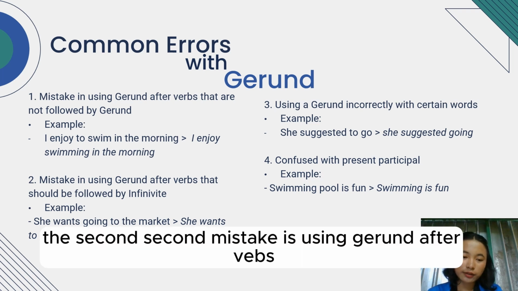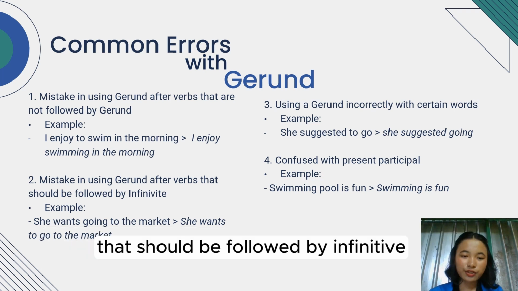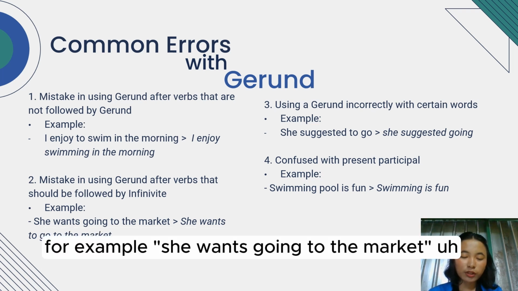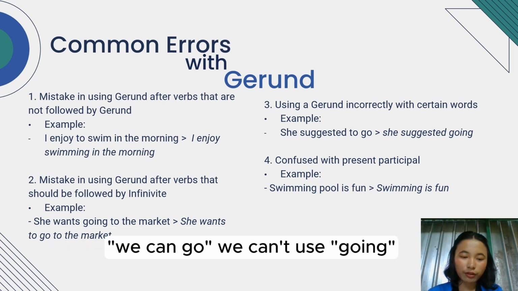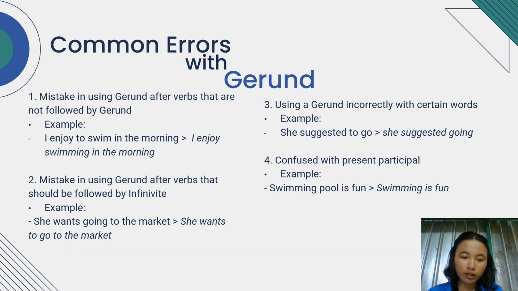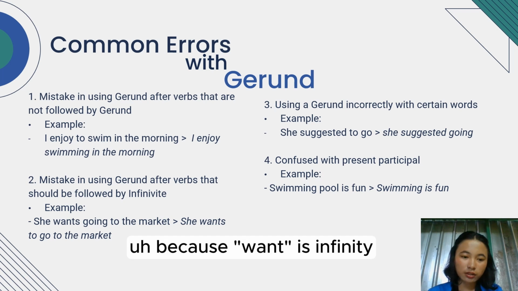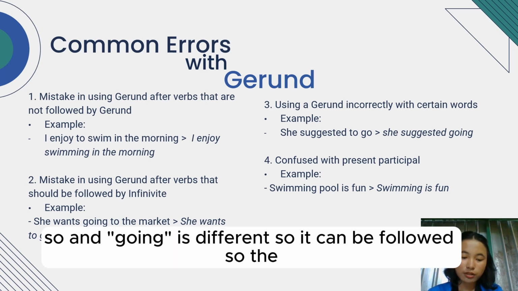The second mistake is using a gerund after verbs that should be followed by an infinitive. For example, "She wants going to the market." If we use want, we can't use going, because want is followed by an infinitive, and going is a gerund.